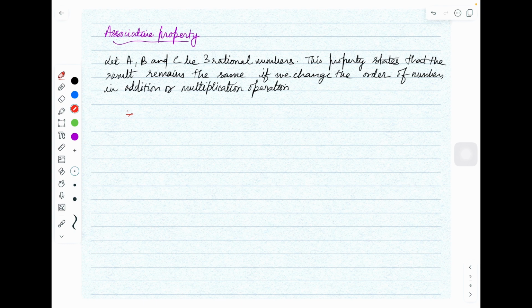Okay, so this law states that (a + b) + c is equal to a + (b + c). Understood? Then (a × b) × c is equal to a × (b × c).